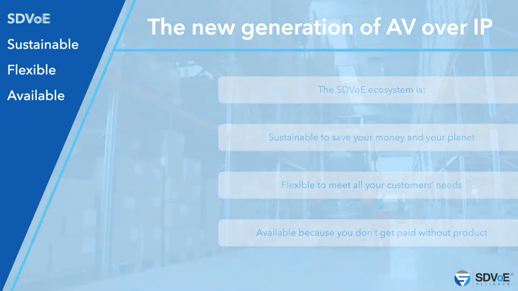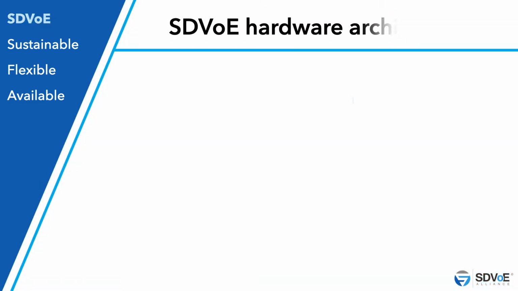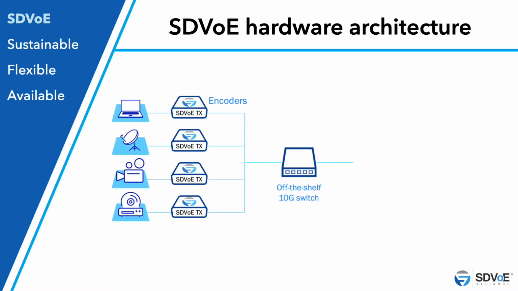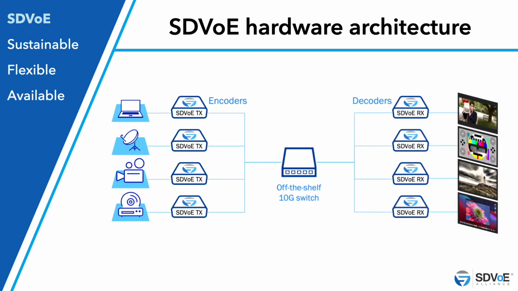But let's just lay out the hardware architecture of an SDVoE system. What's great is it's the same for every SDVoE system that's ever been built. You put a 10 gig switch in the middle, you put some encoders over on one side, you can actually put them on either side, just depends on where you pull the wires, and then you put some decoders on it. Now, this is the same no matter what you do. It's one encoder per source, one decoder per display, a network switch in the middle, or switches.